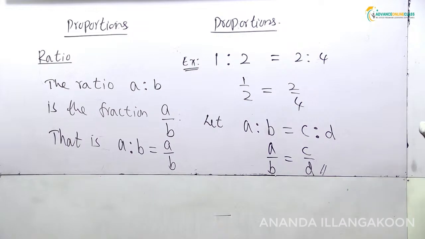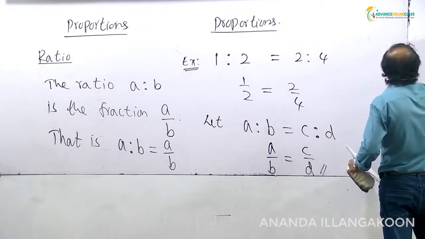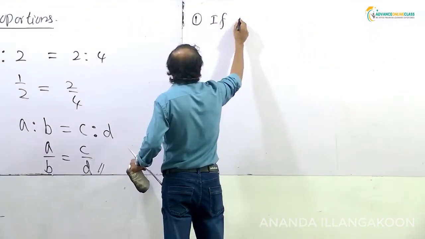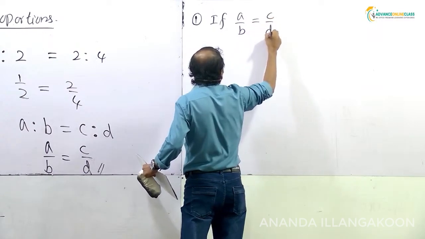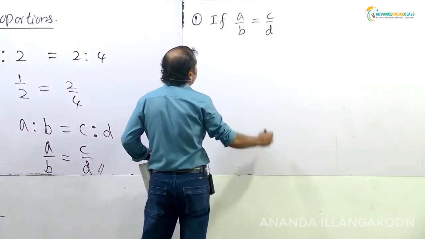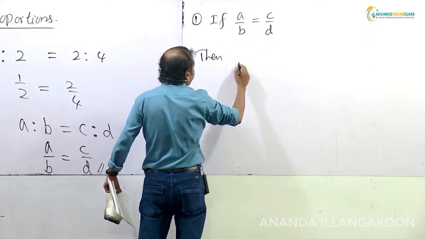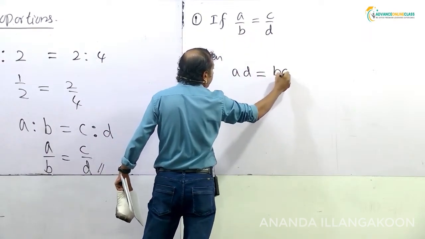Right. First one. If A upon B equals C upon D, then this D you can bring here. AD equals BC.